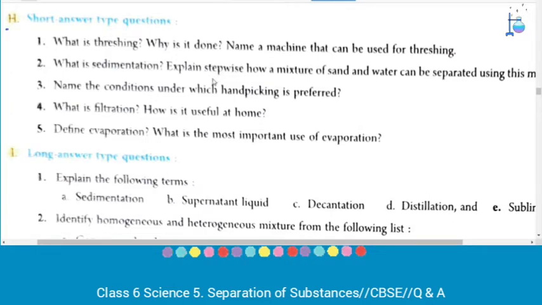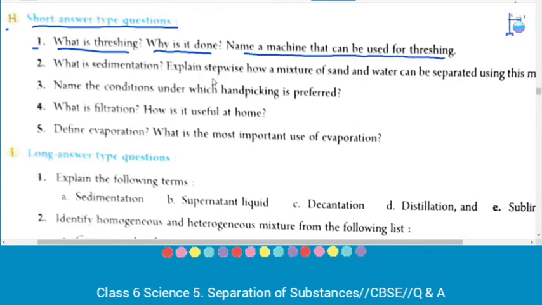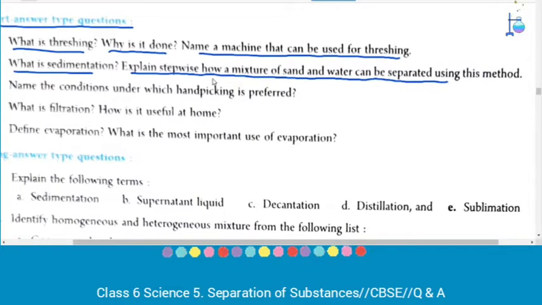Section H, short answer type questions. First one, what is threshing? Why is it done? Name a machine that can be used for threshing. Second, what is sedimentation? Explain stepwise how a mixture of sand and water can be separated using this method.